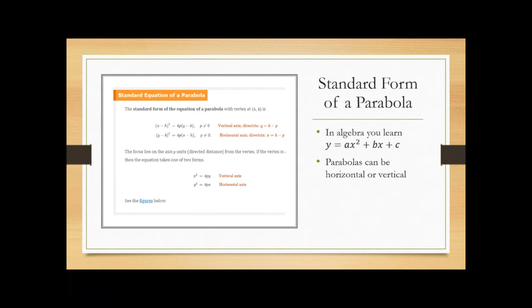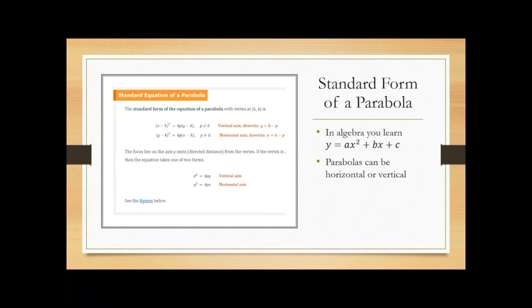And we have two different types of parabolas. We have ones that open up or down, which are vertical parabolas. Those are the parabolas you saw in algebra. And then there are also horizontal parabolas, where they open left or right. Those are not functions, which is why they weren't looked at in algebra, because college algebra is the study of functions. So there are two different equations, and they're very similar. The difference is just which part is squared.